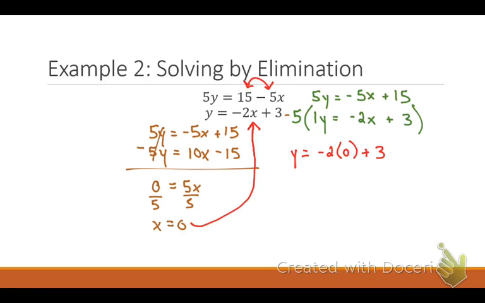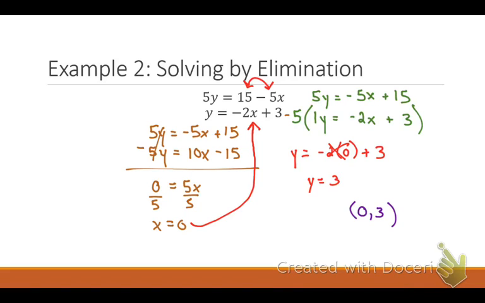So what's negative 2 times 0? 0. So y equals 3. So this solution is 0 and 3. Now that ended up being a little goofy, which is why I put this one in your PowerPoint slide.